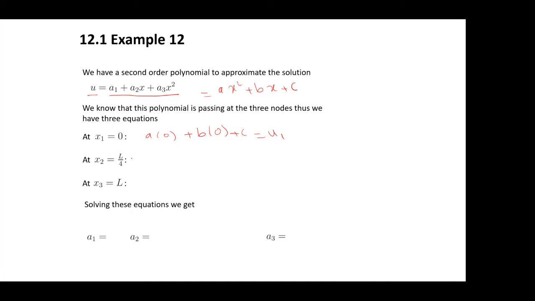At X equal to L/4, you have U to be U2, and this is equal to A (L/4) squared plus B (L/4) plus C. And finally, you have L, so U equals U3. This is the last point, and this is equal to A multiplied by L squared plus B multiplied by L plus C.